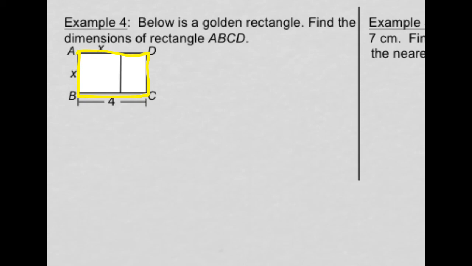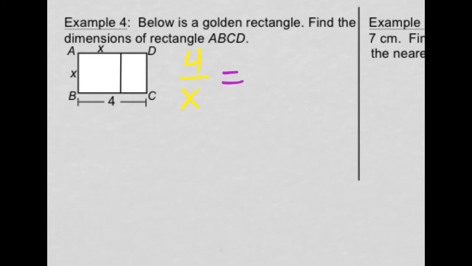So we know that the dimension of BC here is 4, right? And we know that AB is X. And so we're going to set that up as a ratio, 4 over X equals, and then we're going to go to our golden rectangle here.